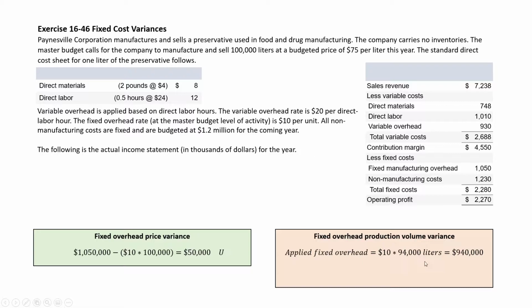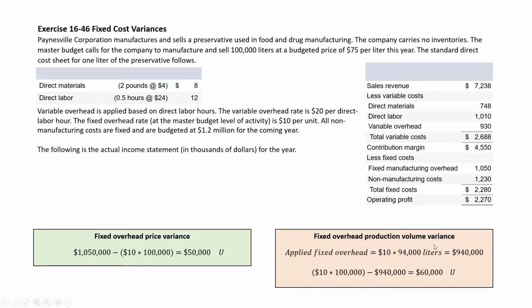So applied fixed overhead would be 940,000. So I'm going to take my $1 million original budgeted overhead, that's what I have here, minus my applied overhead of 940,000, and that is going to be 60,000. Again, I have to interpret, is that unfavorable or favorable? It's going to be unfavorable.